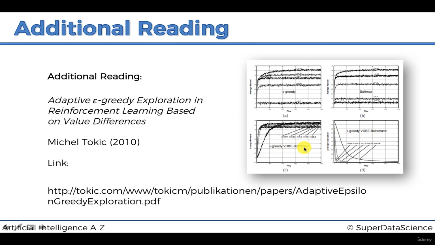You can see it over here. He actually compares it to epsilon greedy and softmax. The main idea behind it is to adjust the value of epsilon depending on the state the agent is in. If the agent is very certain about the state it's in, then epsilon should be smaller, so there should be less exploration. If the agent is uncertain, epsilon should be higher, so there should be more exploration.